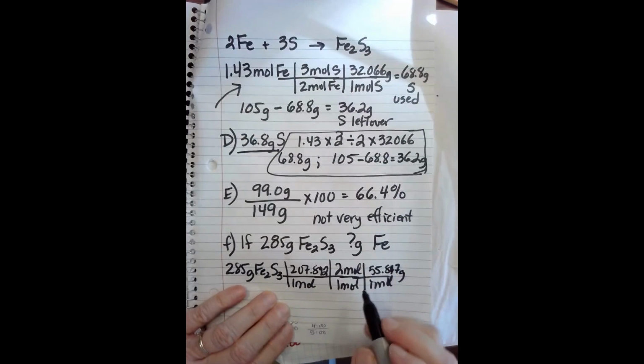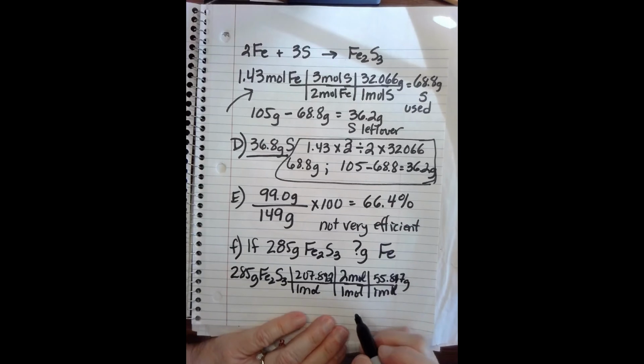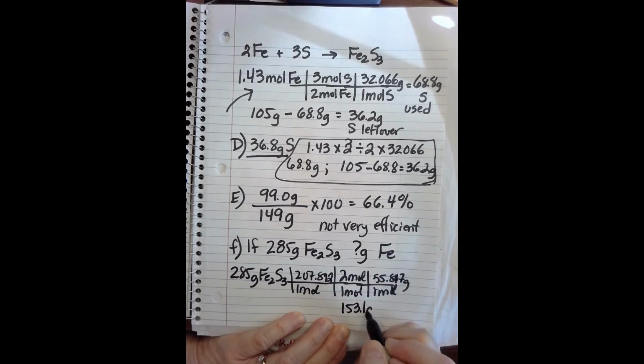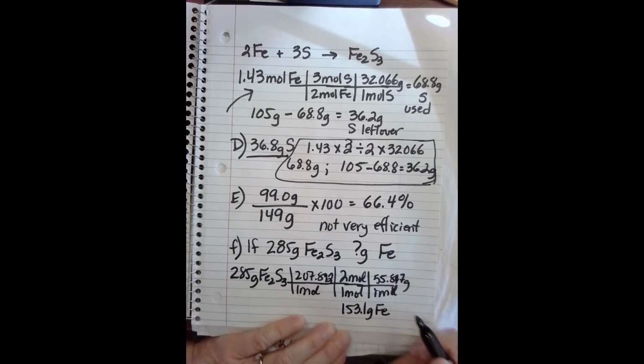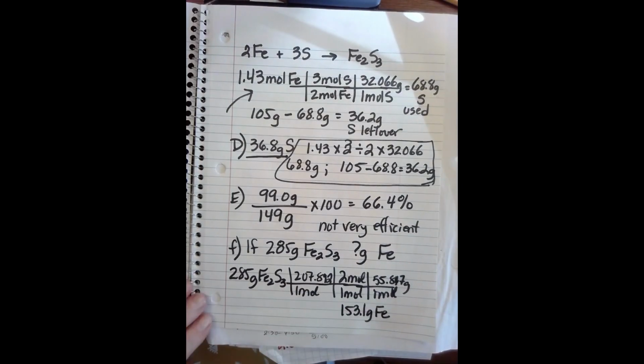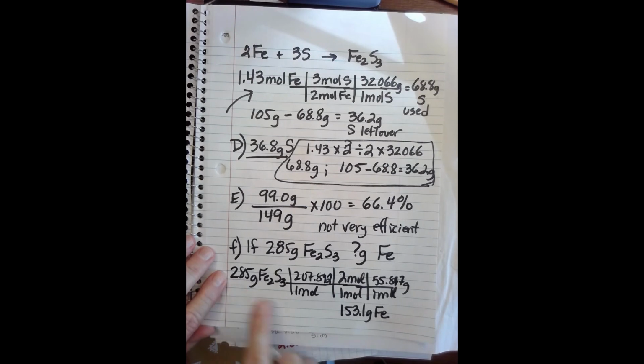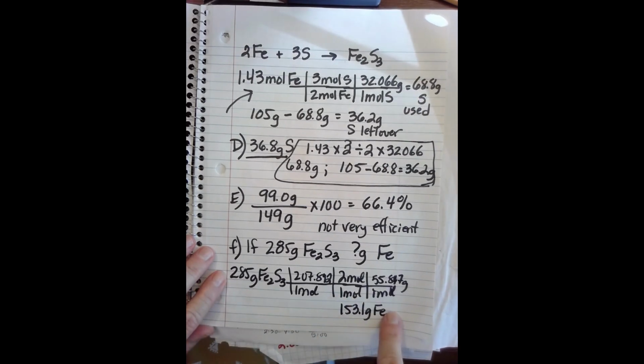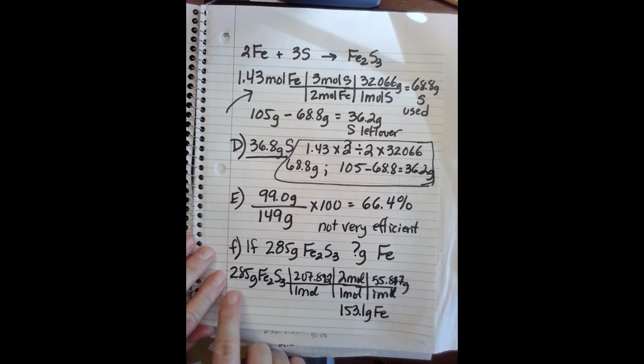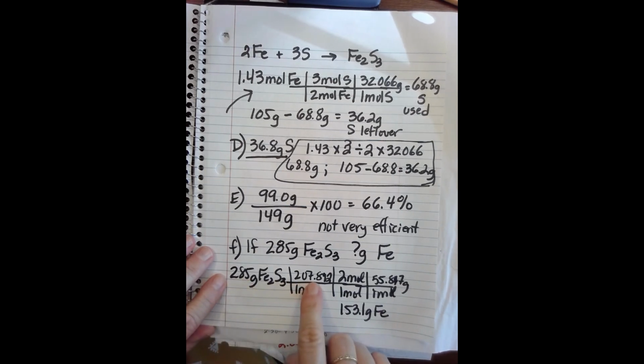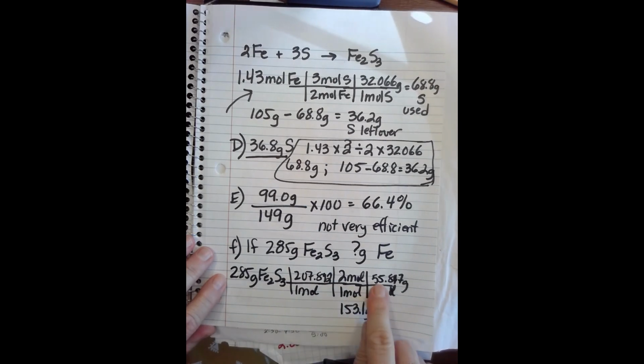So when we do that math, the answer is 153.1 grams of iron. Again, you could put in the math, so that would be the answer. And for your work, you could say 285 divided by 207.892 times 2 times 55.847.